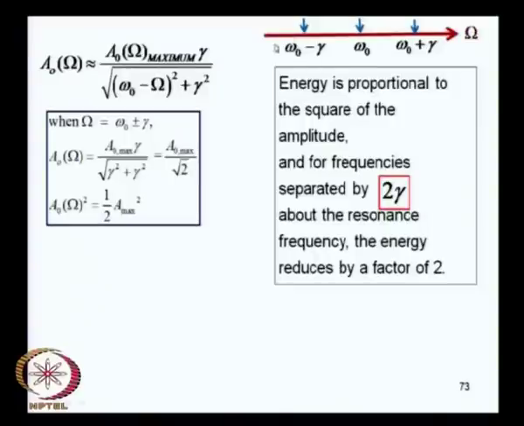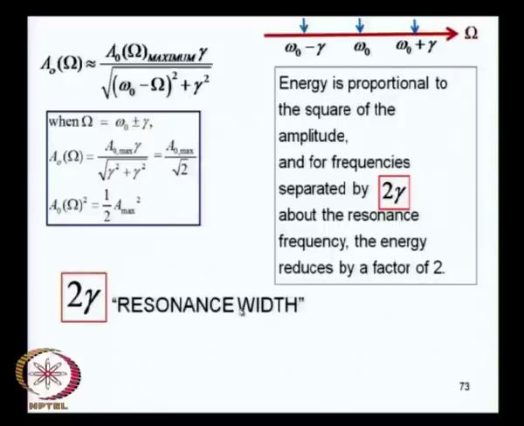So, in this width of twice gamma, the energy, which goes as the square of the amplitude, will reduce at the most by a factor of 2, and this is sometimes called the resonance width. Okay, so the resonance is not always very sharp, because the amplitude will increase significantly, not just at the exact frequency of resonance, but also somewhat away from it.